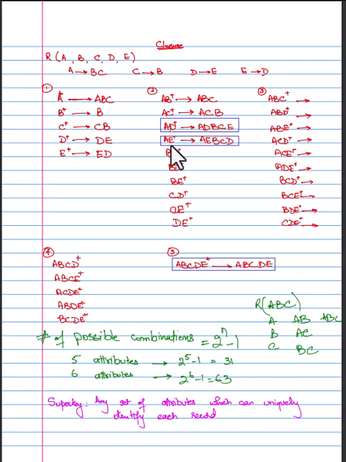So these are the minimum number of attributes which identify all the attributes.